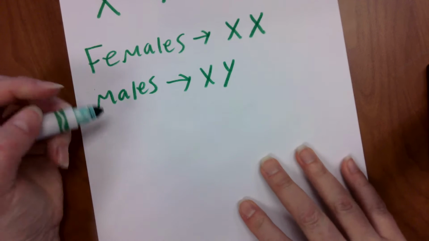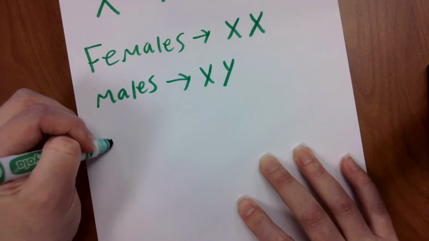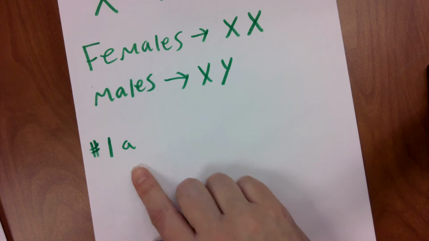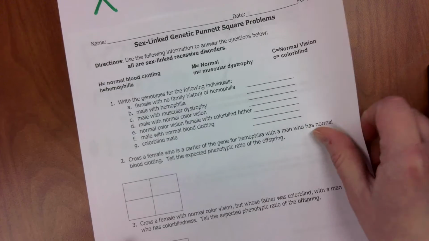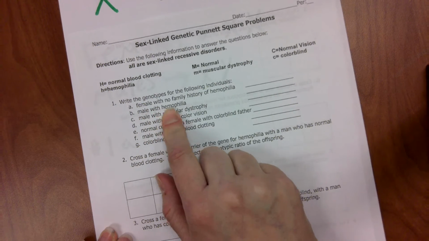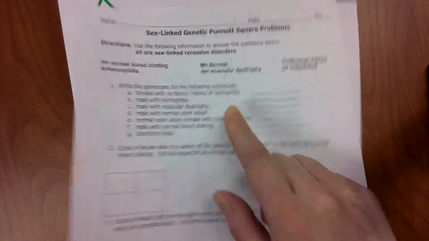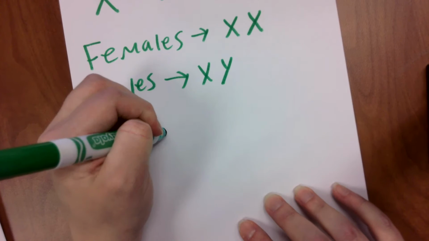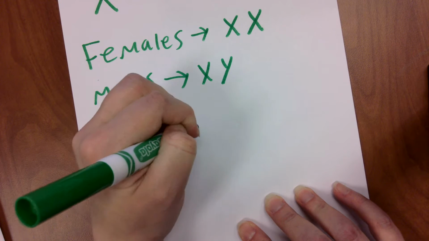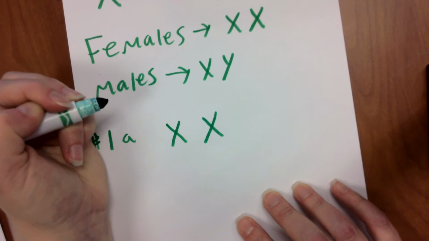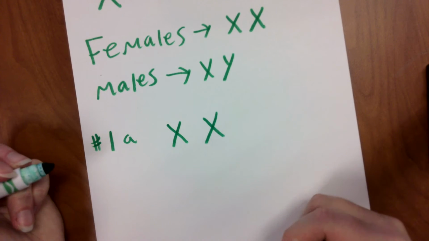So, for instance, if we go down to number 1 and look at number 1A, it says that we have a female with no family history of hemophilia. So all females, typical females anyway, have two X's, and it says she has no history of hemophilia whatsoever.